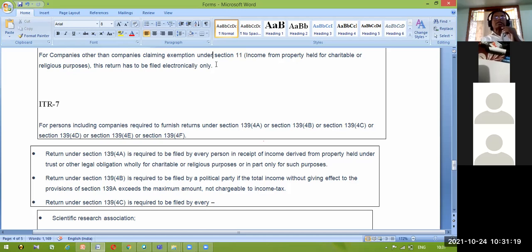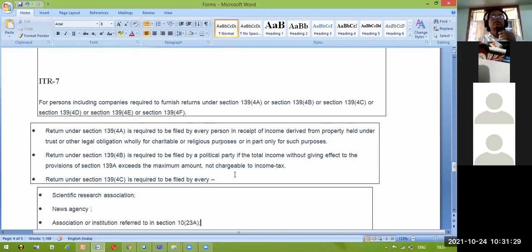Political parties are also assessable. So they can fill up this return under section 139(4B). If anybody asks you what is 139(4B), you can even check on the net, this is related to political parties. They will be coming under ITR 7.